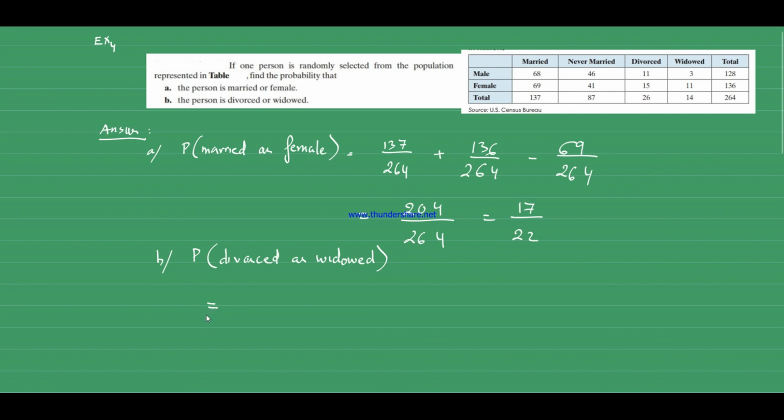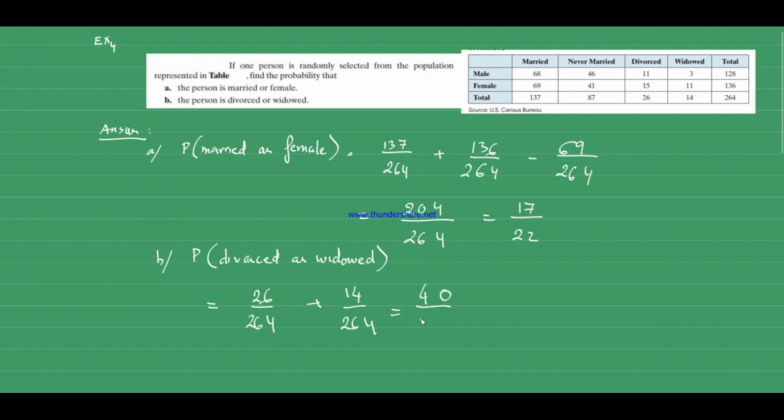You're going to have divorced, 26 over 264, and widowed is 14 over 264.